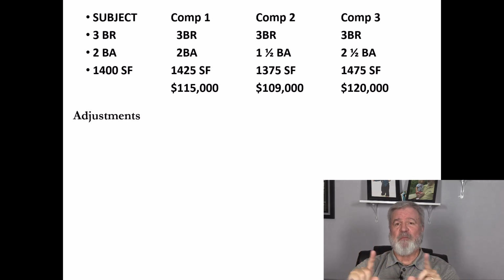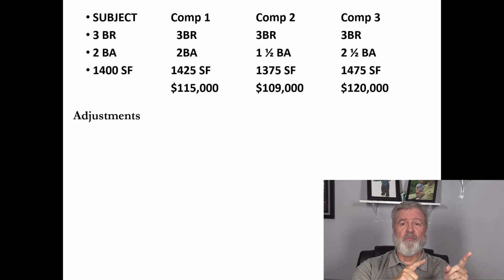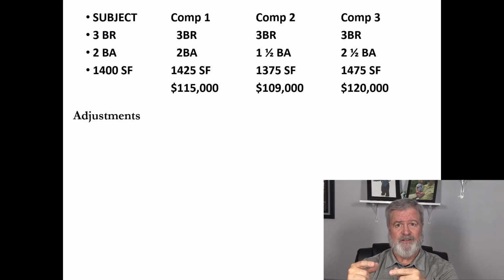So I'm going to say that one more time. Hopefully you wrote this down. If the comparable, and this is critical here, I'm not talking about the subject, we're talking about the comparable. If the comparable property has more than the subject, then you must subtract. But if the comparable has less than the subject, then you must add.